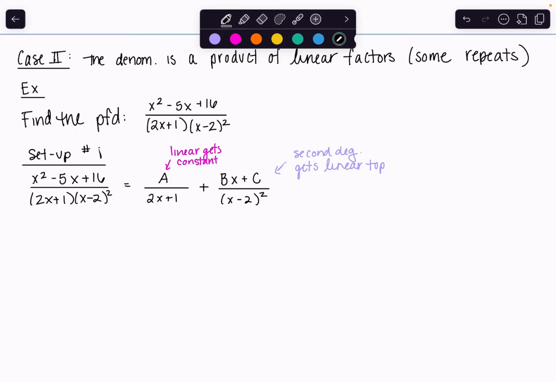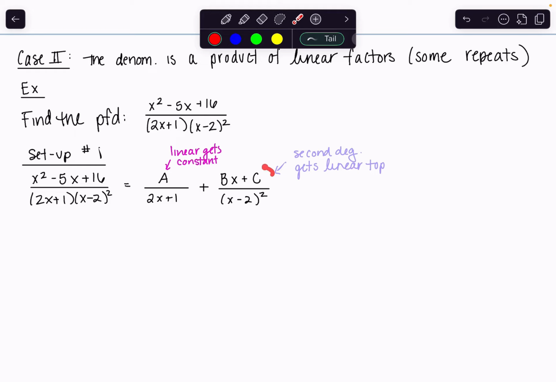Okay. So that gives me first x to the first and then x to the 0, all the terms down. If this was cubed, well, then you would need something times x squared, something times x, and a constant. So you would have bx squared plus cx plus d in the top. But that would be a lot, okay?